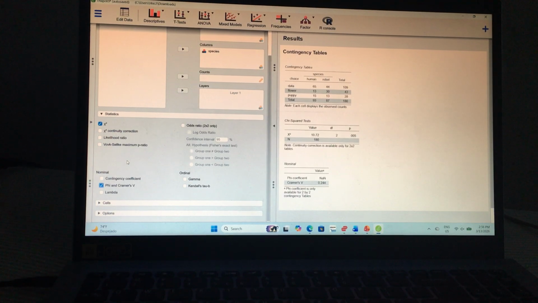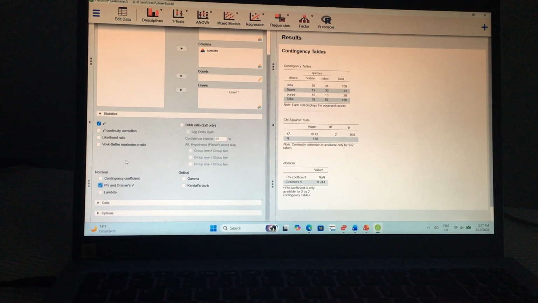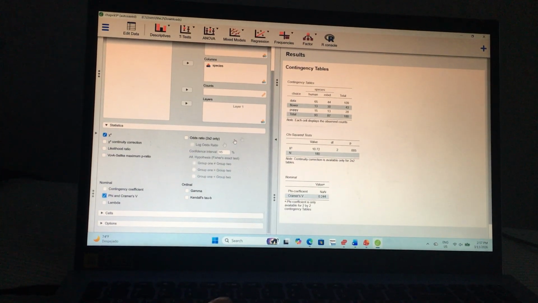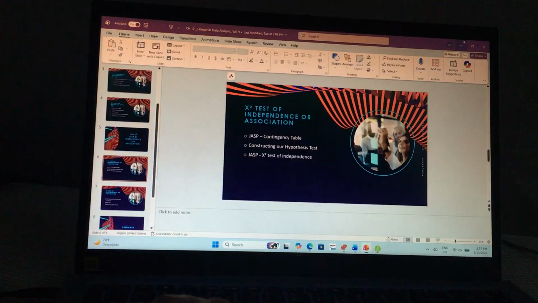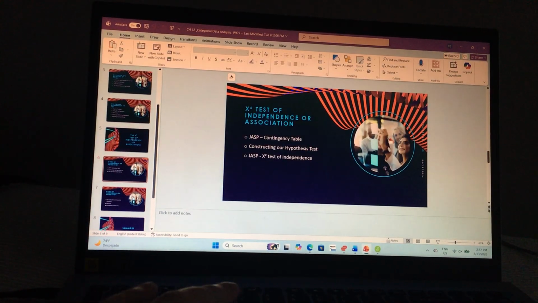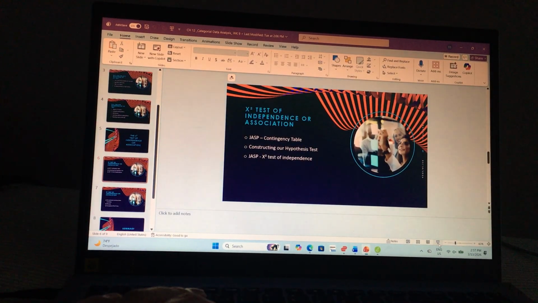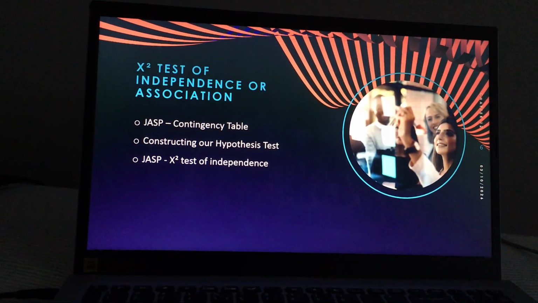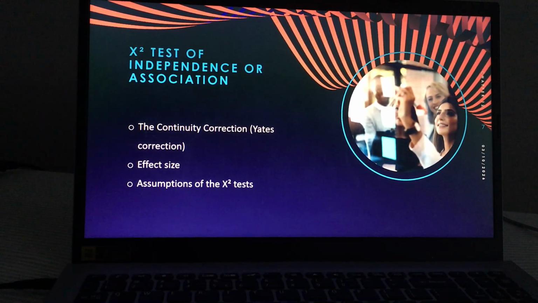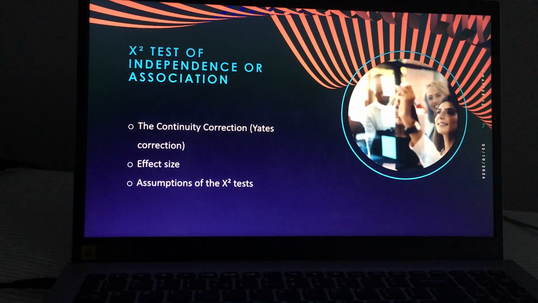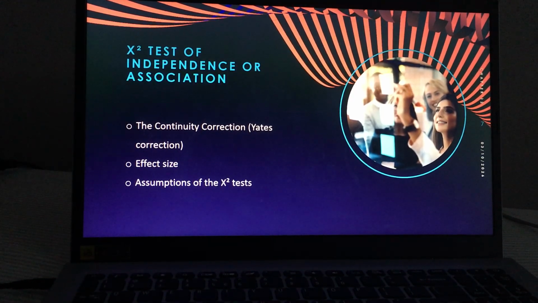Next, we're going to get into something called the continuity correction. So let's pull that up here. So the continuity correction. We're on page 16, section 12.3.